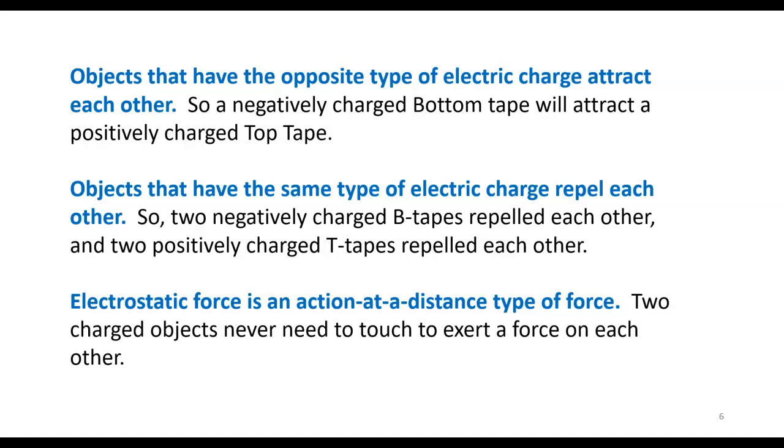So two negatively charged bottom tapes repel each other. Also, two positively charged top tapes repel each other. This type of electrostatic force is an action at a distance type of force. The two charged objects never need to touch in order to exert a force on each other.